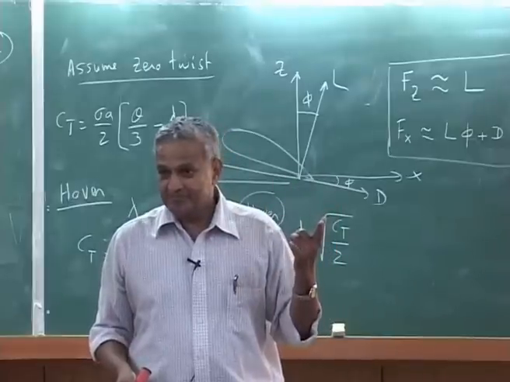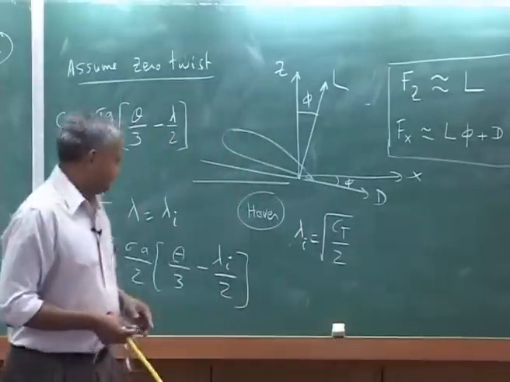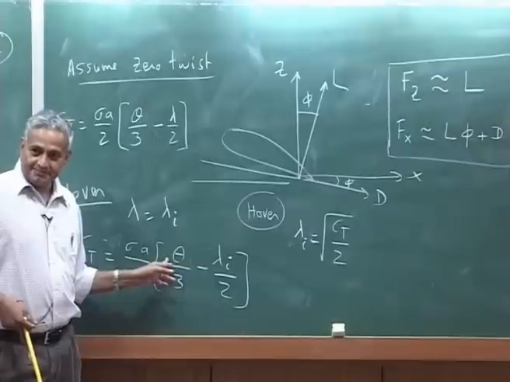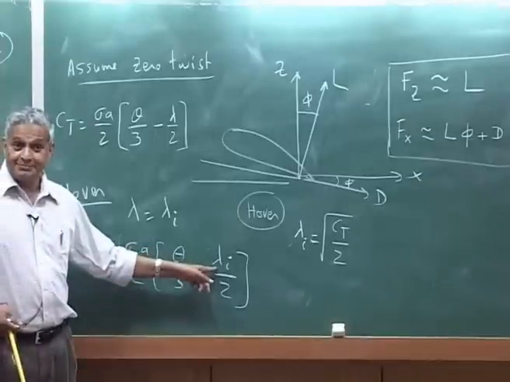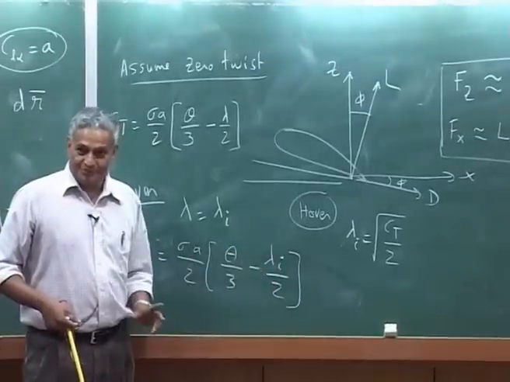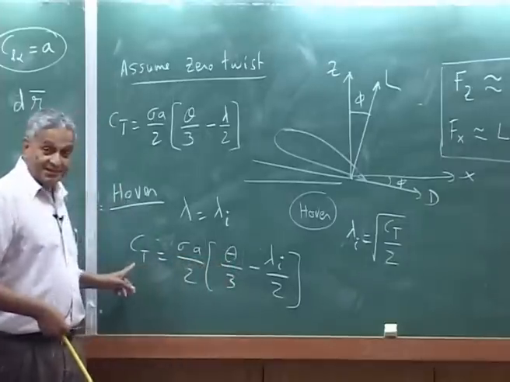That means I have to do iteration, because first I assume the value of theta, then I do not know this value, I may take it as 0, you follow. Then I put the value of theta, I get a Ct.